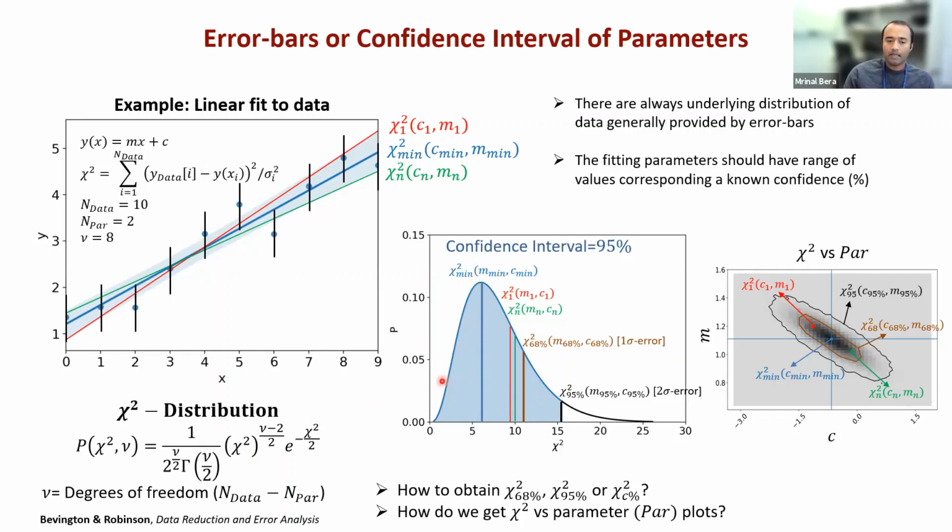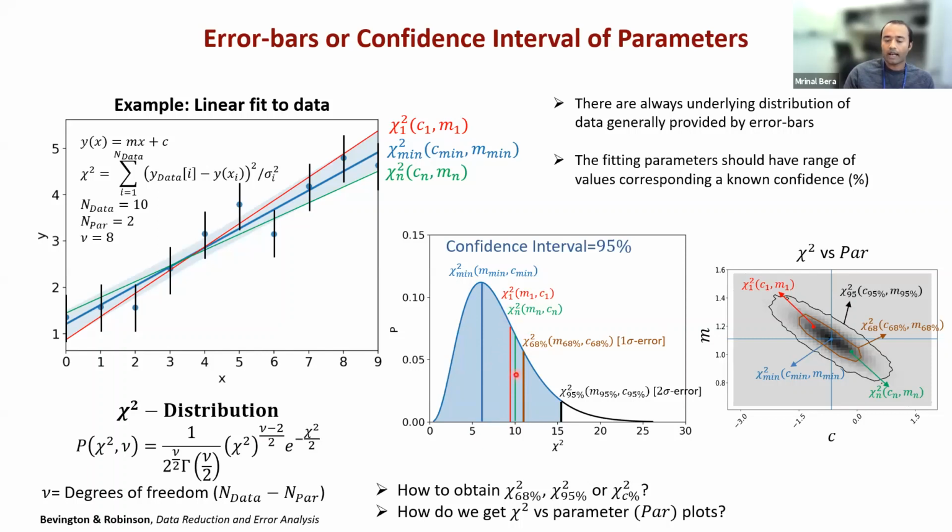Below this peak, it follows a curve proportional to chi-square, and above it, it follows an exponential decay with respect to chi-square. In this example, I have the chi-square corresponding to C1 and M1, and I can plot the same chi-square value in this plot and see the probability of getting it.